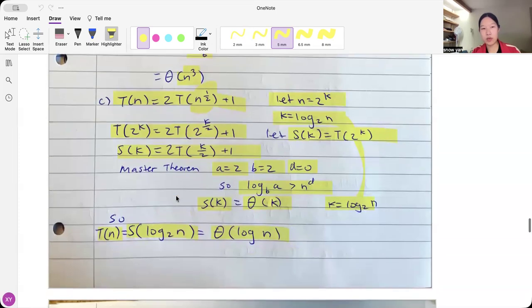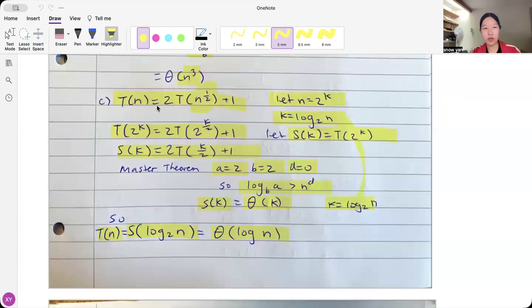And for part C, what we have is T(n) with something n to the square root n. The problem with the square root is that we can't necessarily deal with it in the master's form, so we have to change the form slightly. We define n to be 2^k, and rearranging, k is log base 2 of n.